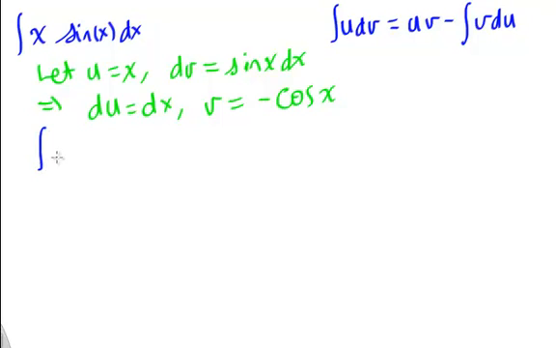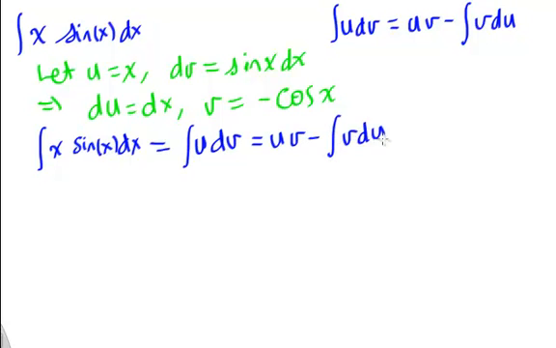So now the integral of x times sine of x dx equals the integral of u dv. Our formula says the integral of u dv is uv minus the integral of v du, which equals u is x, v is negative cos x, minus, v is negative cos x, and du is dx.